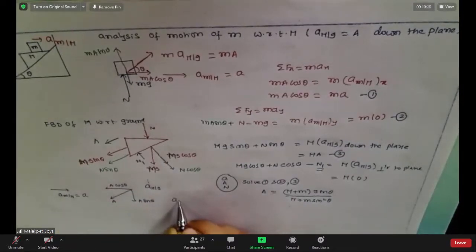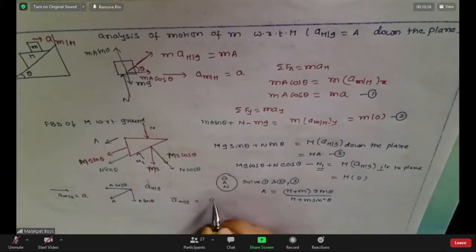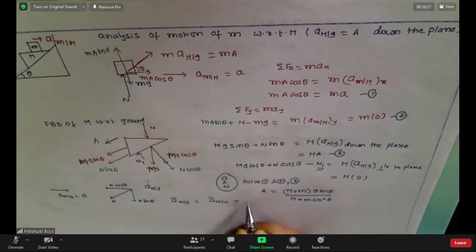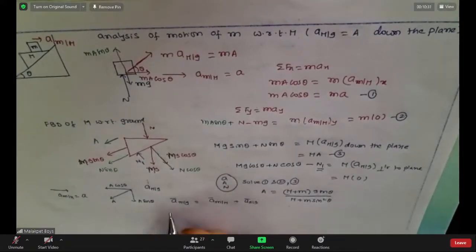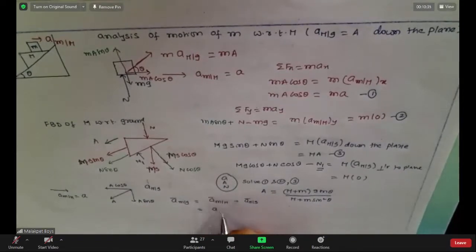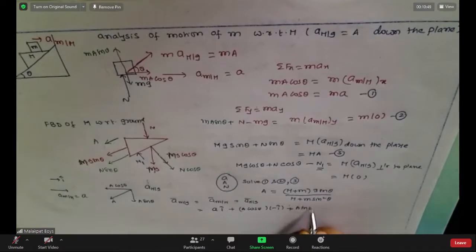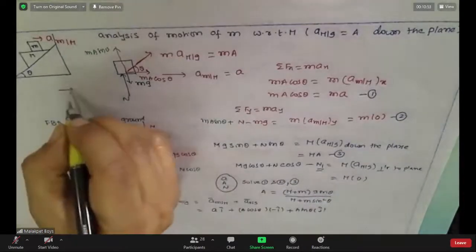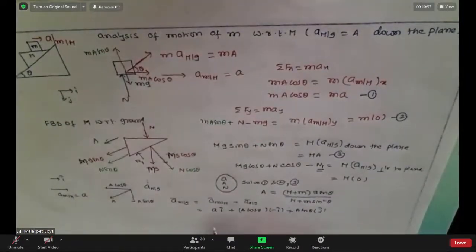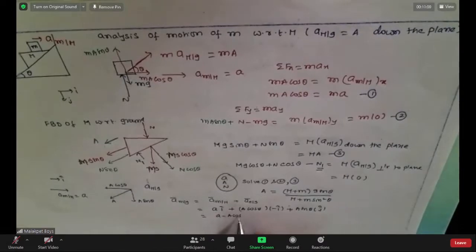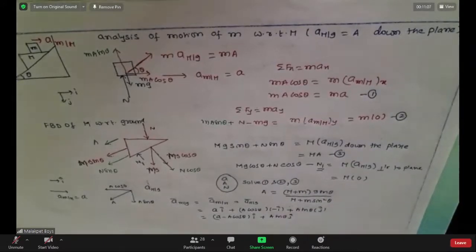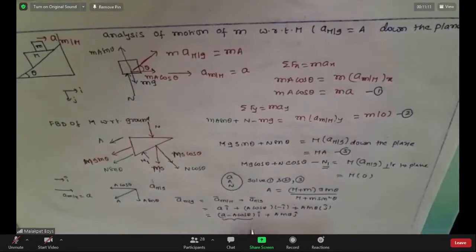Now we should get it with respect to ground, no? If you take like this, now this will be 0, no?